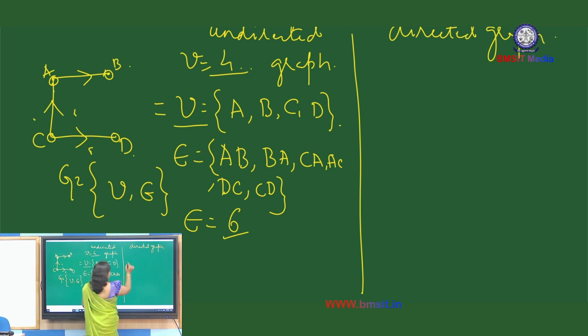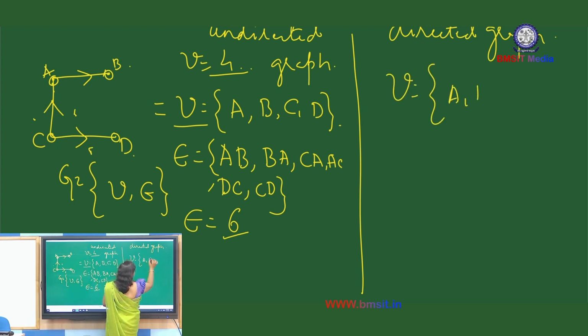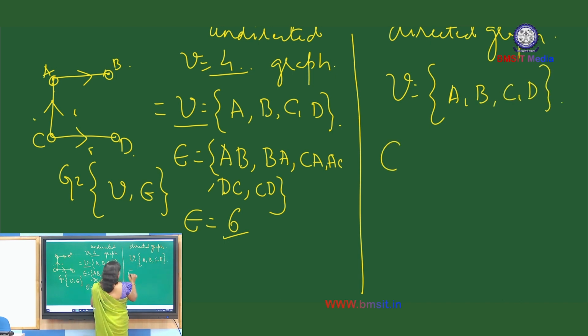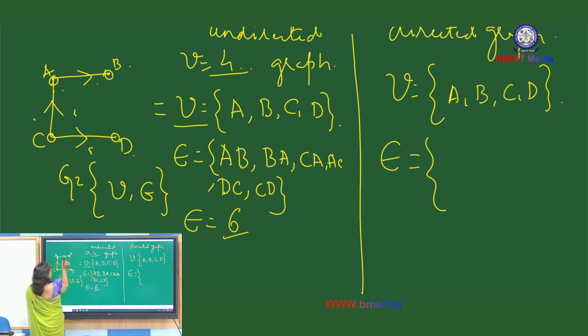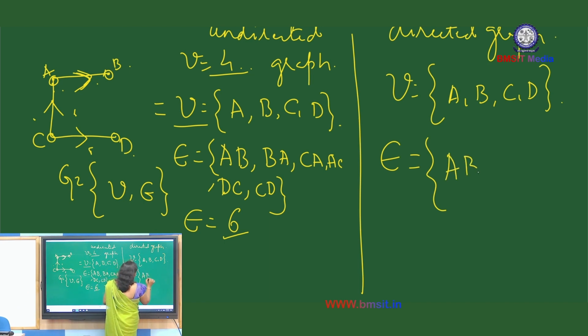The vertices remain the same: A, B, C, D. But the edges are as follows. We have A to B because the arrow mark is moving towards B, which means it is passing from A to B. So I can have an edge only from A to B.